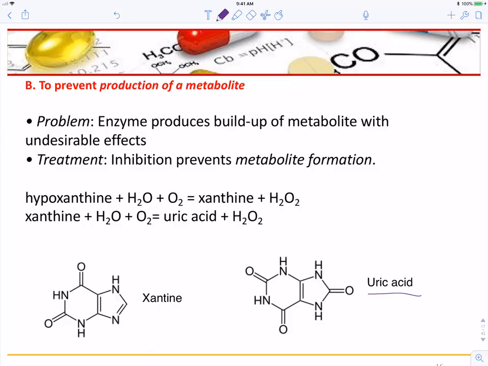Uric acid is formed by conversion of xanthine in the presence of oxygen and water to uric acid and peroxide, and peroxide production also damages the joints. So we can inhibit the enzyme xanthine oxidase that converts xanthine to uric acid, and so prevent the formation of this toxic metabolite.